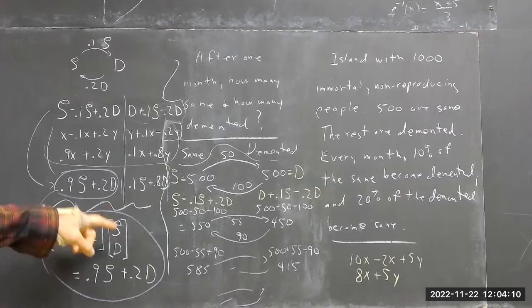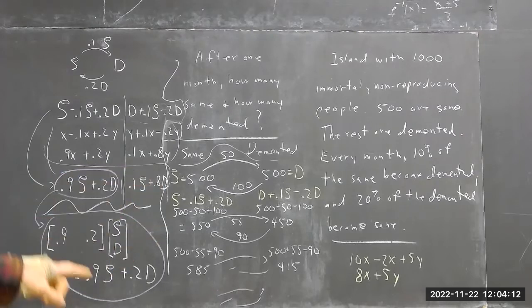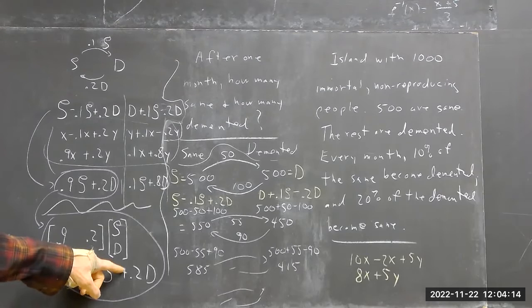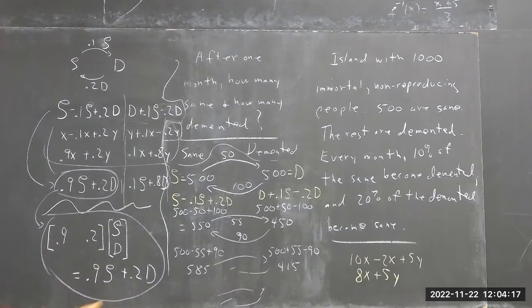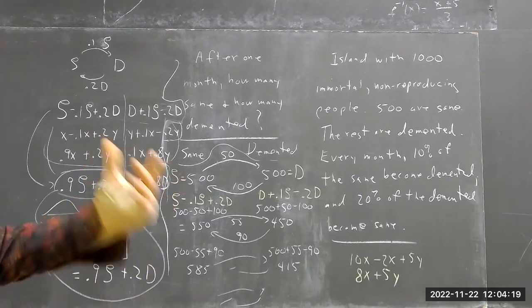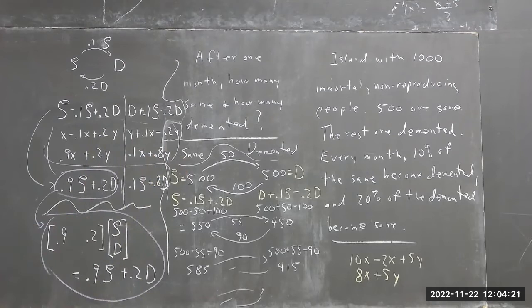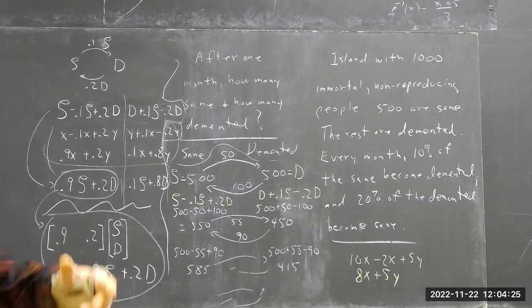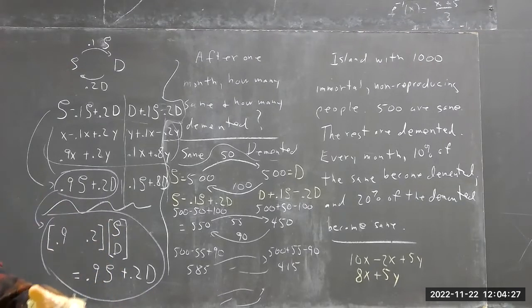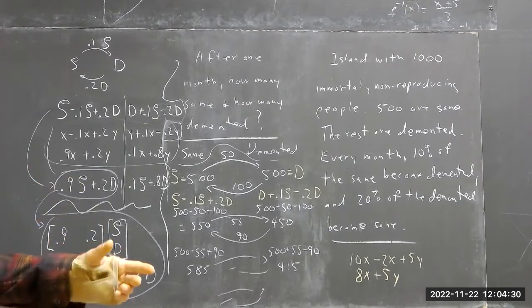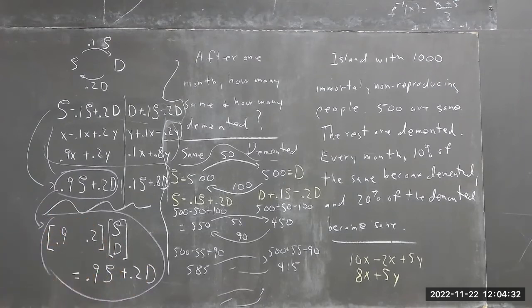So if I had S, D, B and 0.9, 0.2, there'd be nothing to multiply by the B, and it wouldn't work. It's not defined. It's not a mathematical operation. Row times column: the row has to have the same length as the column, so you always have a number to match up with each number.